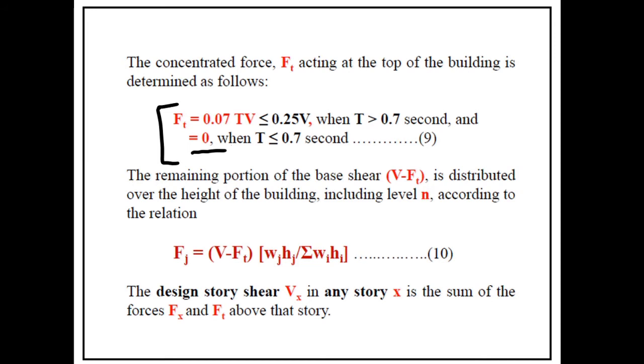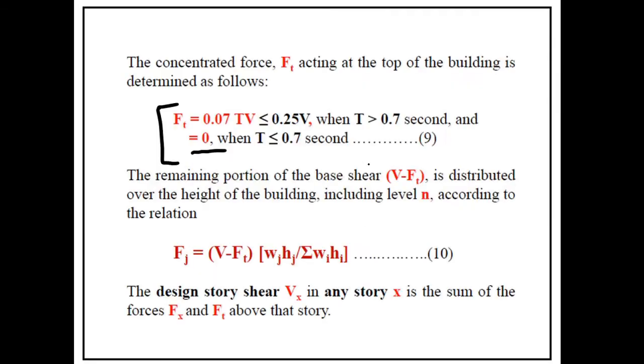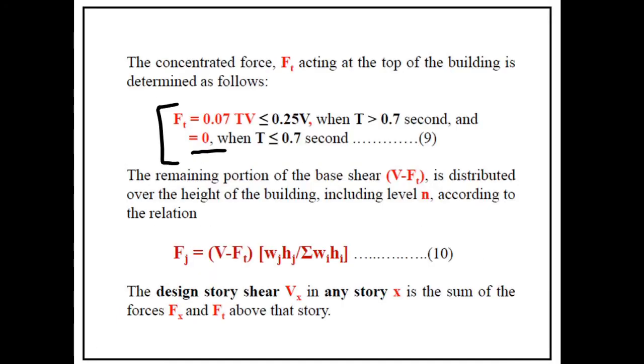Now in order to get the value of Fi, we can sum up the formula as something like here, Fi is equal to (V minus Ft) into Wi Hi divided by the summation of Wj Hj. V is the total base shear.